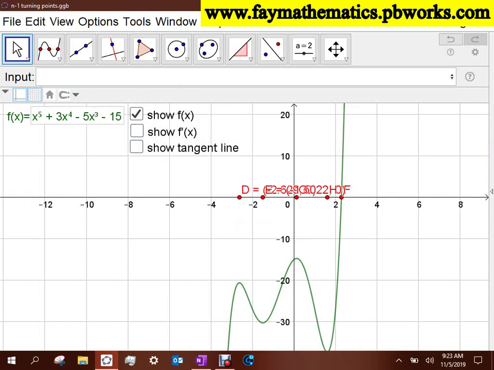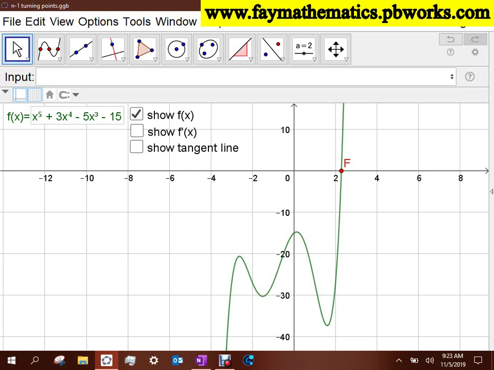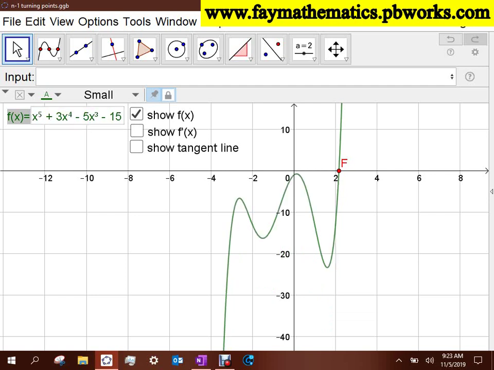Let's look at this thing. I don't care about these zeros anymore, but look at that curve right there. Okay, it's x to the fifth. Let's change this to just that minus 15. Does everybody agree that that's going to slide this thing down 15 units? Yeah. Let's just make it minus 1. Bring it up a little bit better.